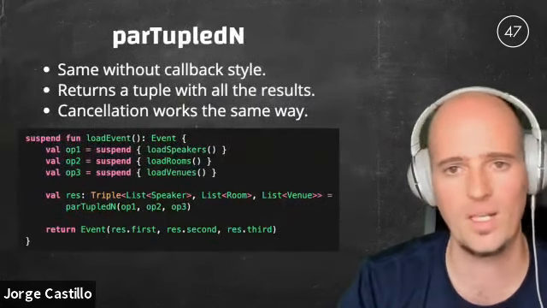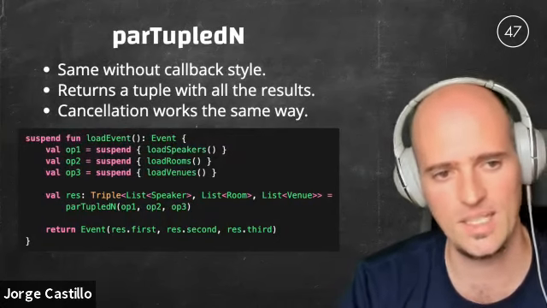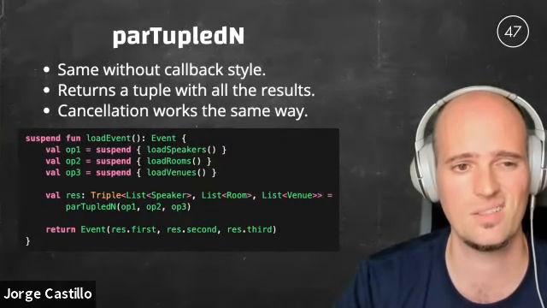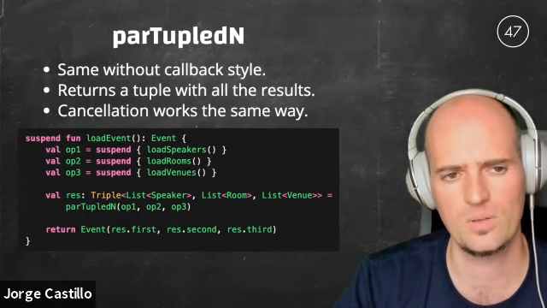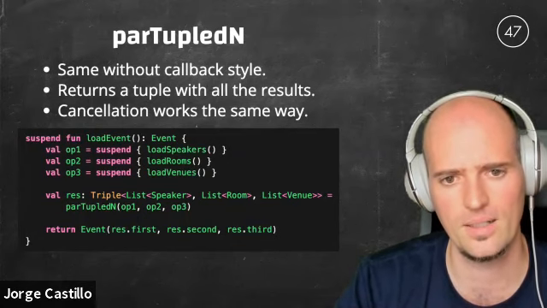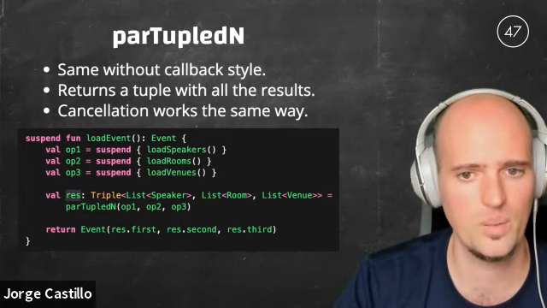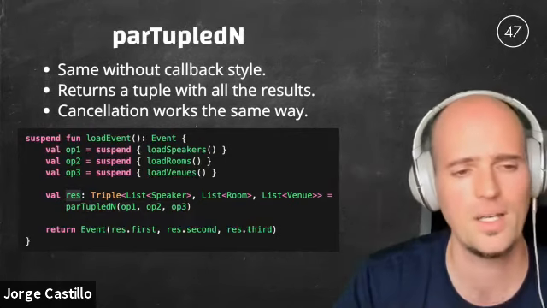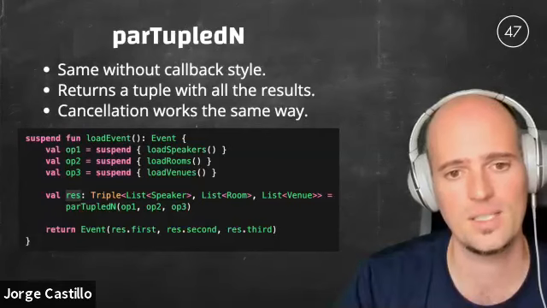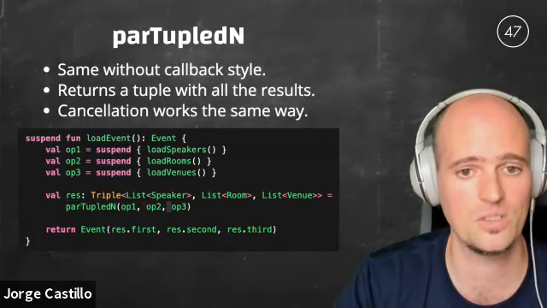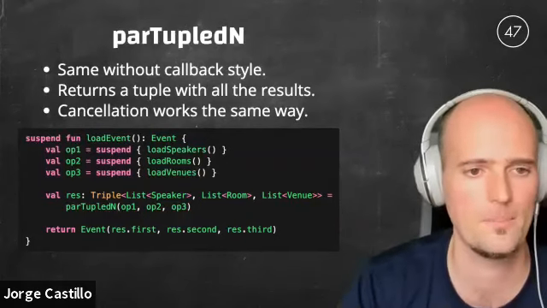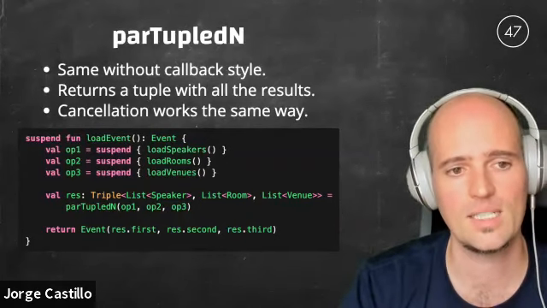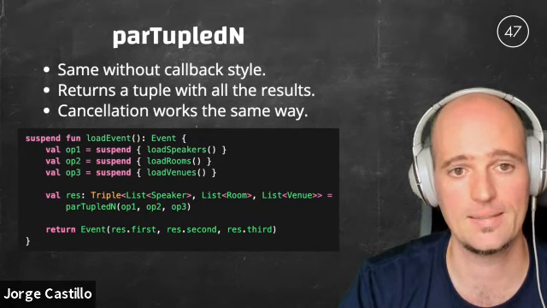There is the parTupled counterpart, which is the same thing, but in a synchronous-like way. So you use the power of coroutines under the hood, and you can just get the result as a triple, in this case, as a tuple, with that amount of elements provided by the amount of tasks you are running, and then you can access them right away on the next line synchronously. Again, you're running tasks parallelly and joining results in the end.